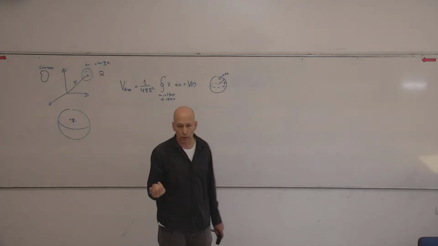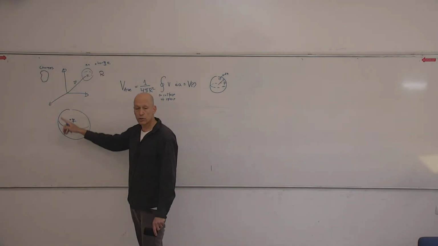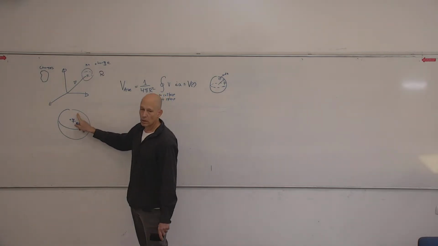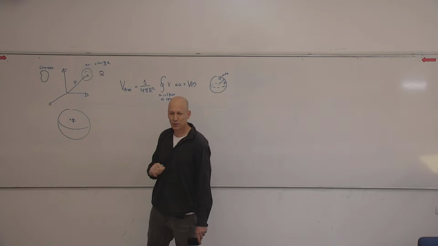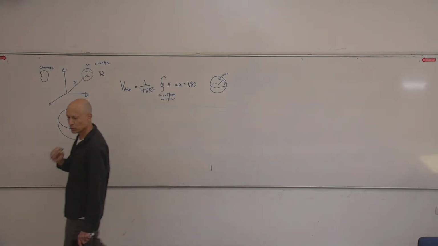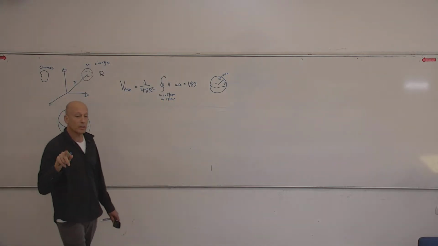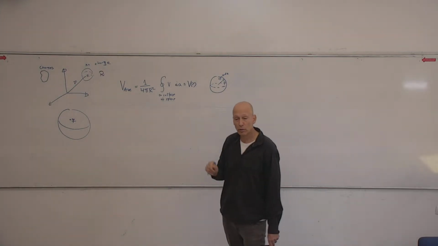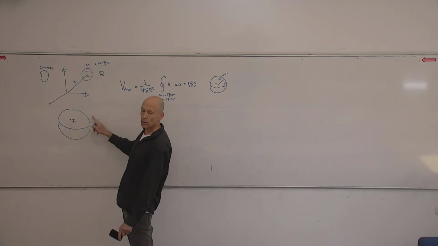What will I get as the answer? The average potential will be kQ. We have 4 pi epsilon 0, but actually k is much better because it's shorter. K times Q divided by R.